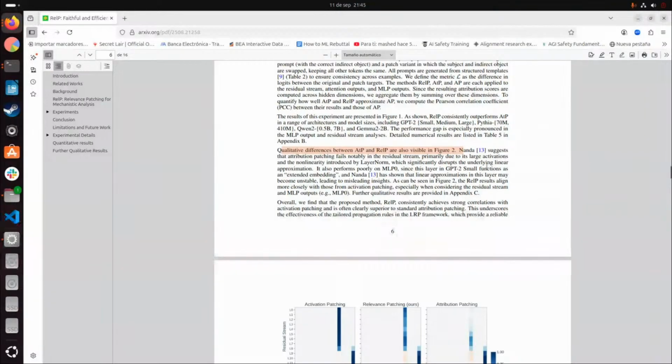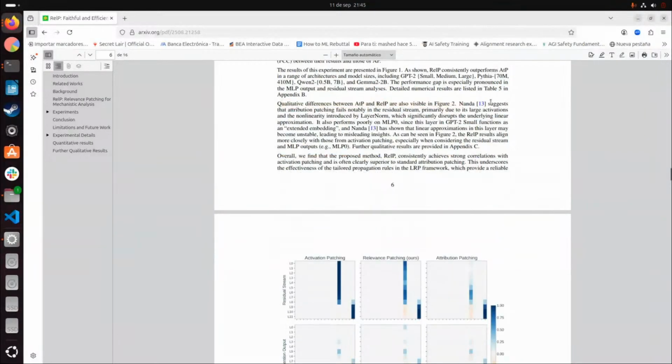Attribution patching and RelP. Okay, so there's a paper out, Neel's paper, attribution patching. First noted the stream prepared with large attributions of the nonlinearity introduced by the unknown, which significantly disrupts the underlying linear approximation.